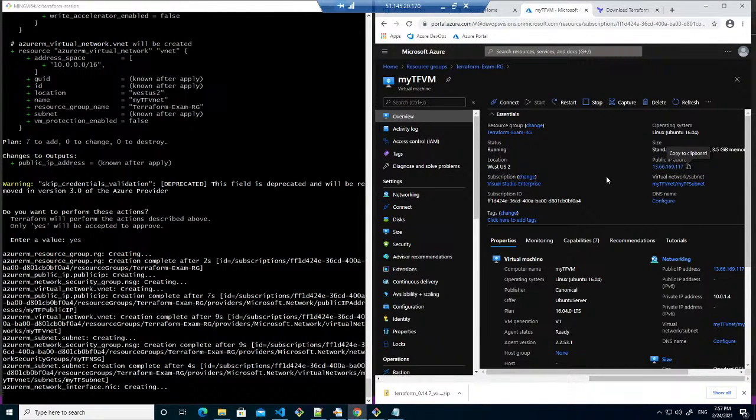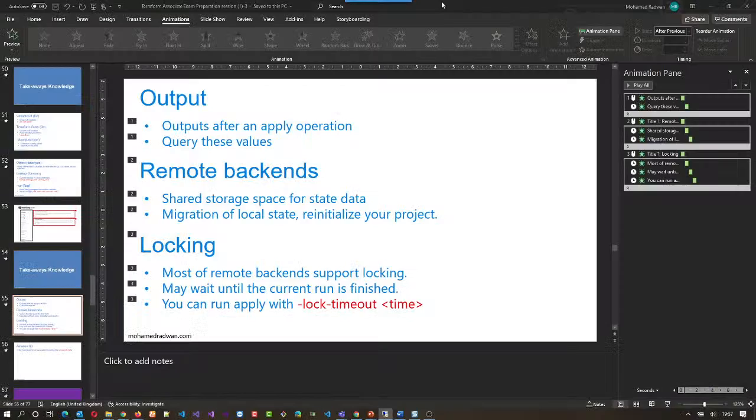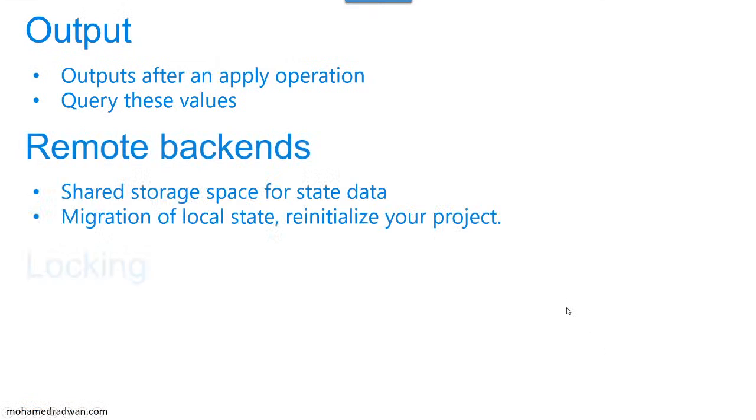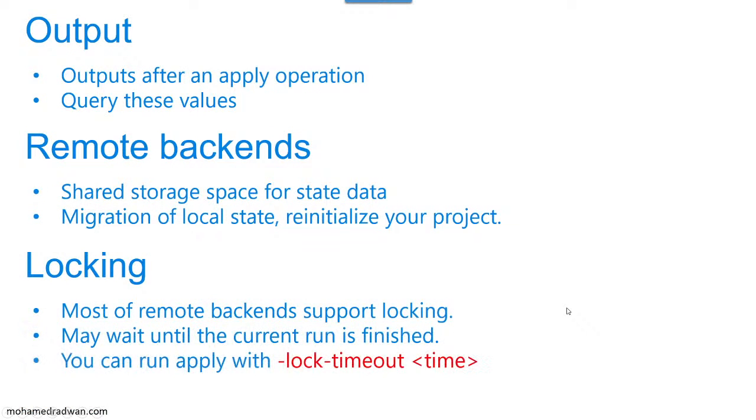Slide is not here. We talked about most of the remote backend. So we talked about the lock. The locking is very important because locking means that no one can edit the state file while you are running.